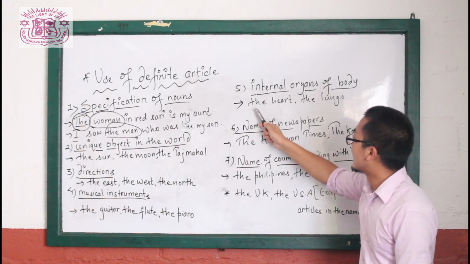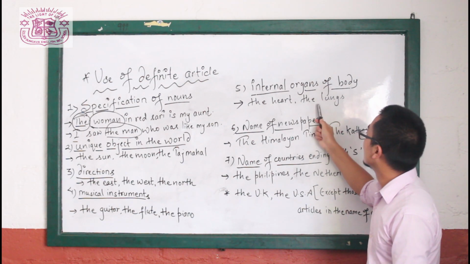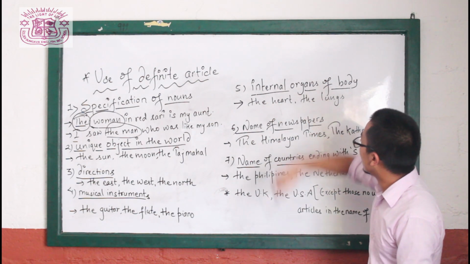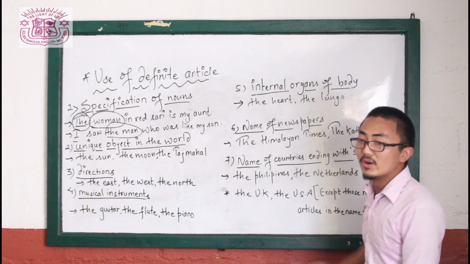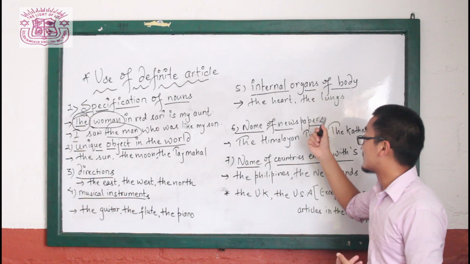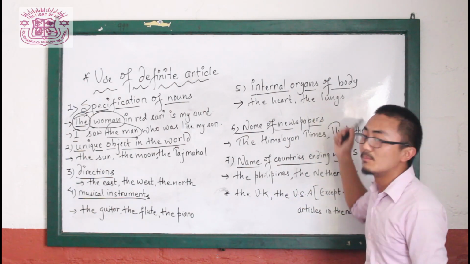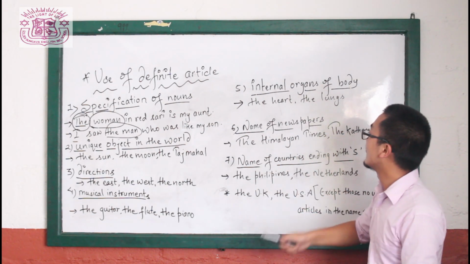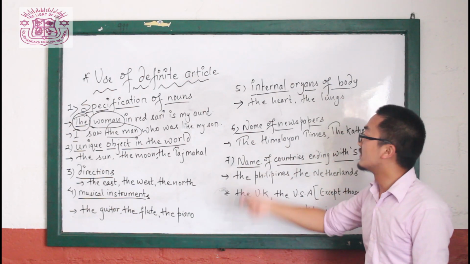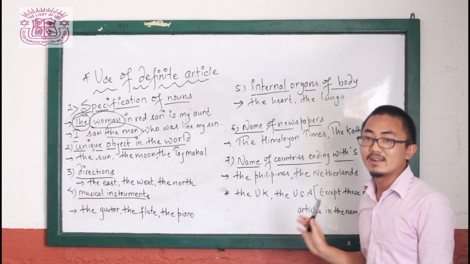For example, the heart, which is found inside our body, the lungs, which are also found inside our body. Similarly, we don't say the eyes, the nose, because they are found on the outside part of our body. So you have to remember that the is used only for the internal organs of the body, while for the external organs of the body, you don't use any kind of article.